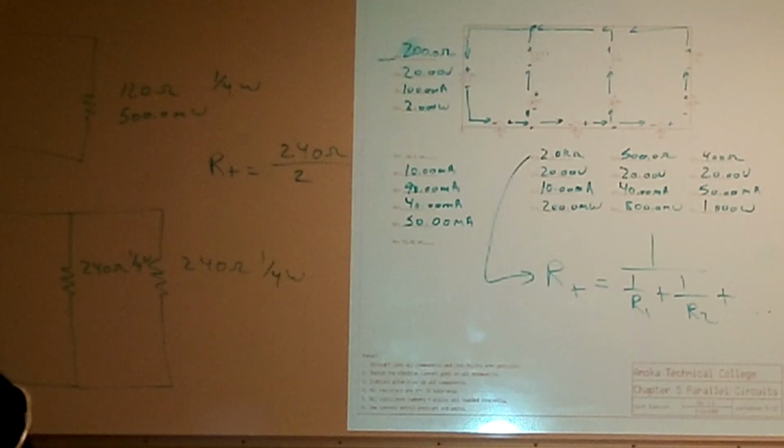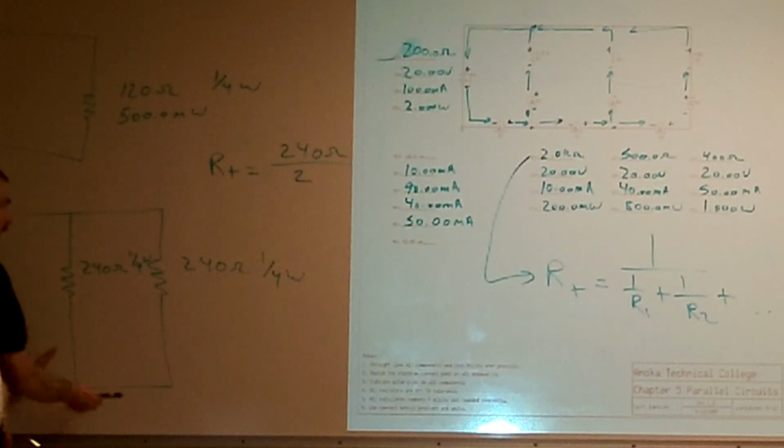And what would be my total resistance then for this circuit? 120 ohms. Just like I had up here. Okay? It's the same circuit. I'm going to get the same currents and stuff. My current's going to divide up.